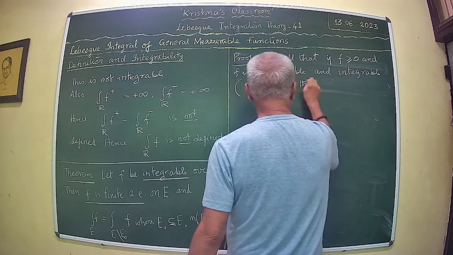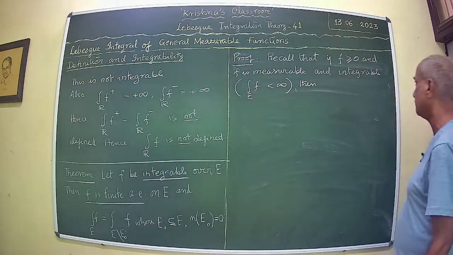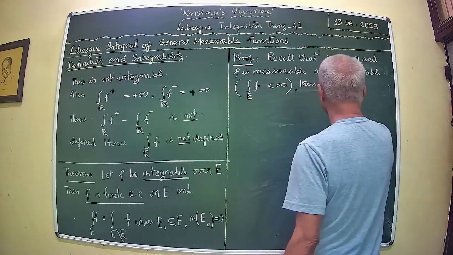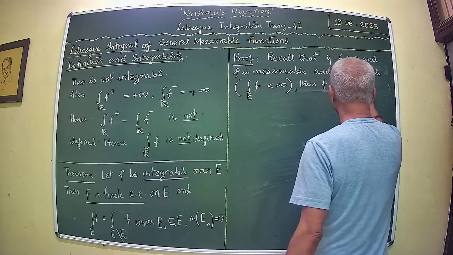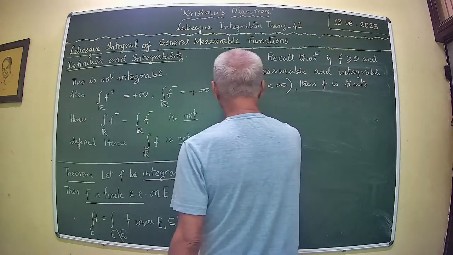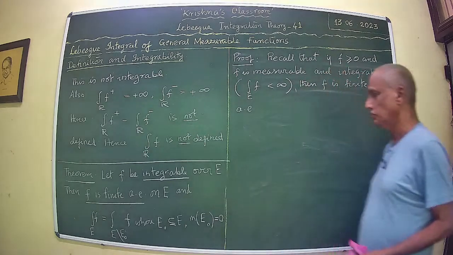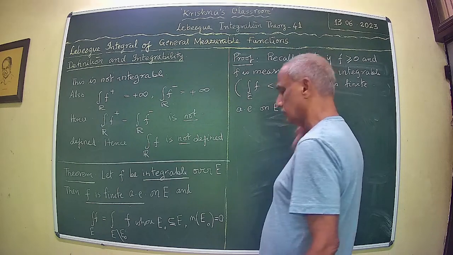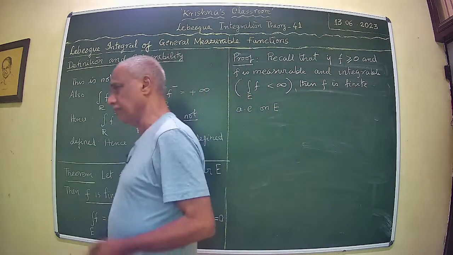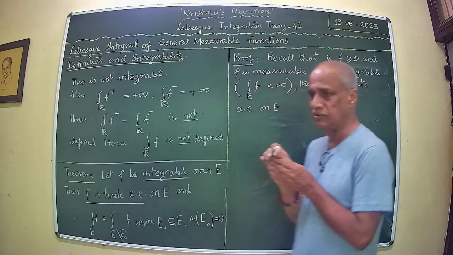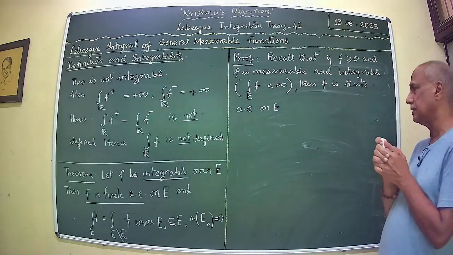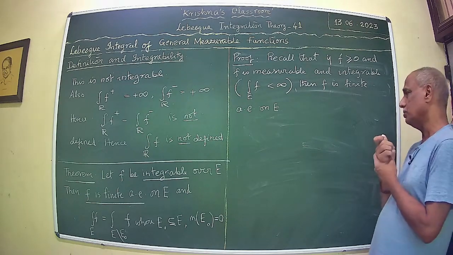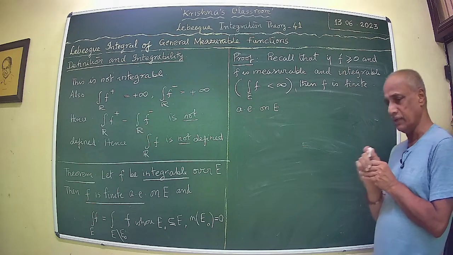Then f is finite almost everywhere. That means there may be a subset E naught of E where the function may take infinite values, but the measure of such a collection of points is certainly equal to 0. That is the assumption that we are making.